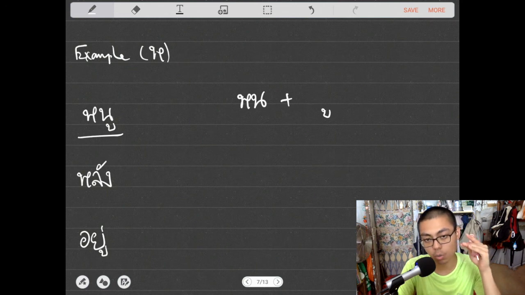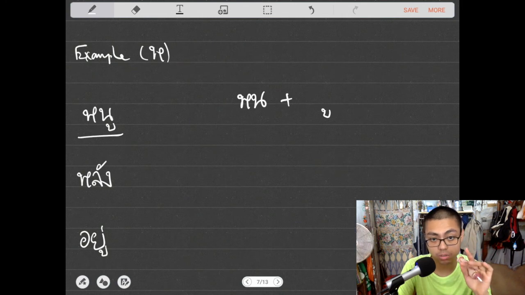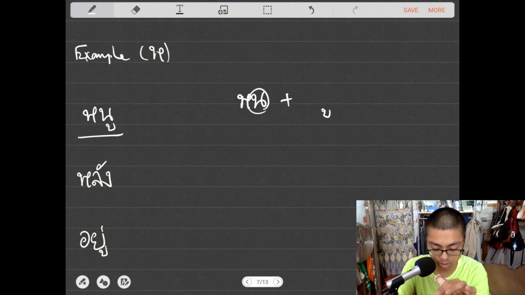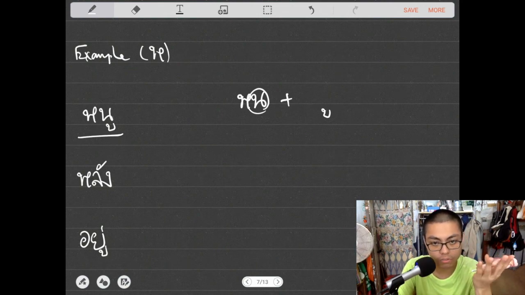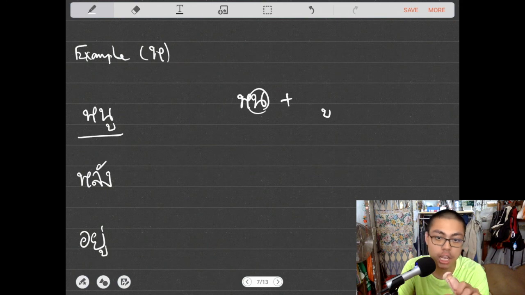Here, with leading ho hip or leading o ang, we don't need to pronounce ho hip or ang. The consonant is silent. So we just need to focus on the second consonant, which is no nu in this case. But why do we have this kind of category? The function of leading ho hip and leading o ang is to change the tone class.